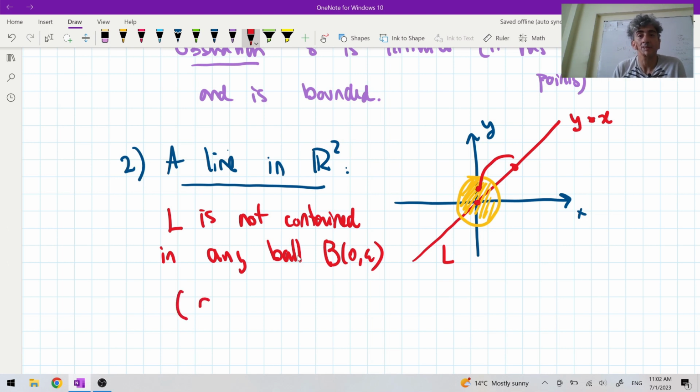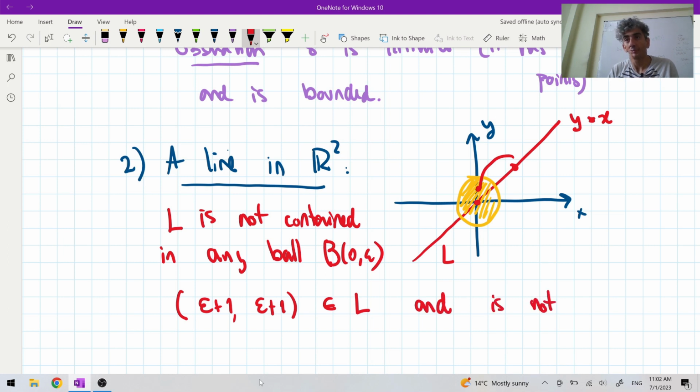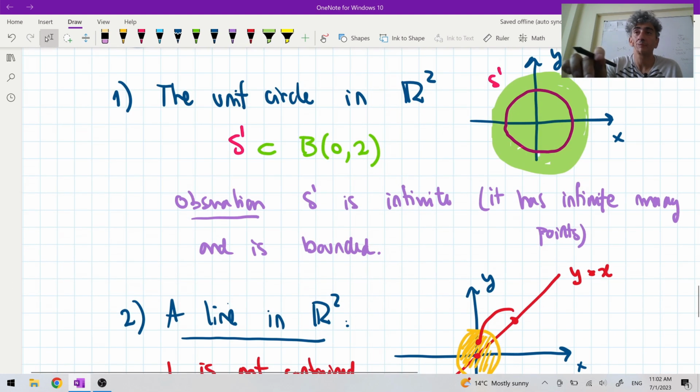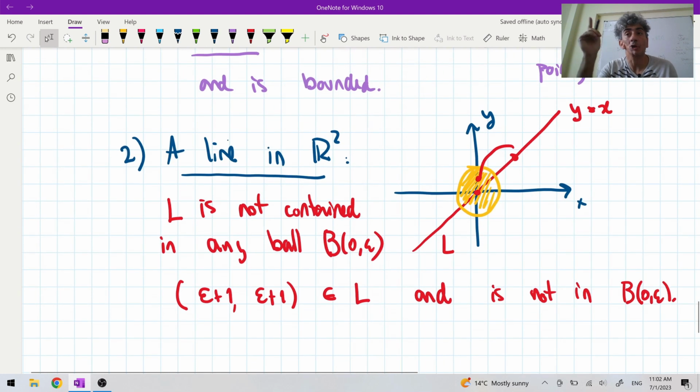Say epsilon plus 1 belongs to L and is not in the ball. So we have an infinite set that is bounded in the Euclidean plane, and an infinite set that is not bounded. Being infinite and being bounded are different things.